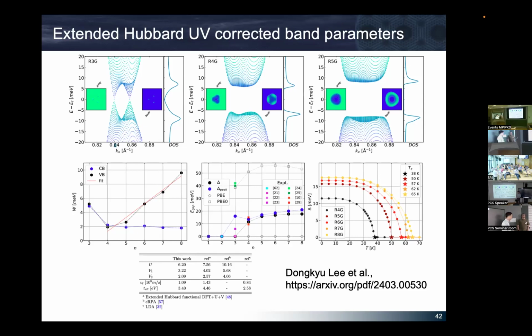Hi, great topic. Can you include superconductivity as well? Because Grigory Volovik way back proposed room temperature superconductivity in rhombohedral graphite. Whether we can add superconductivity. I didn't understand the question, but whether superconductivity is possible in rhombohedral multilayer.